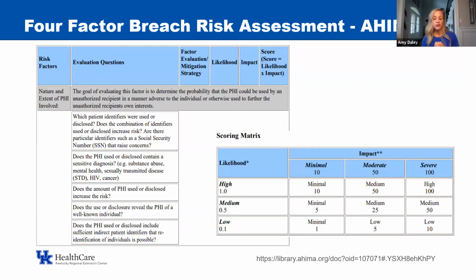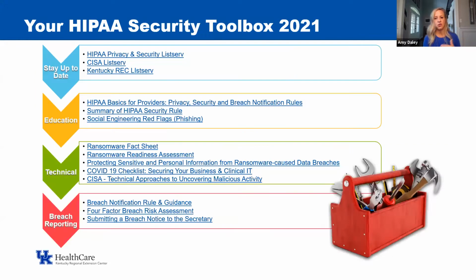The four-factor breach risk assessment earlier, AHIMA has a great downloadable document for you. It's an involved document, several pages, but if you really want to get to the bottom of whether or not your organization has experienced a breach, I would encourage you to check this tool out. And the tools that I just shared with you, I've encapsulated them all in one, our toolbox. This toolbox will grow and we will continue to share it with you.